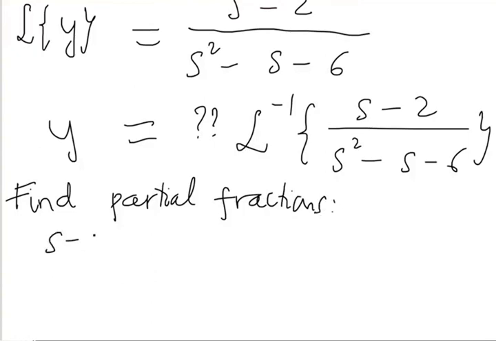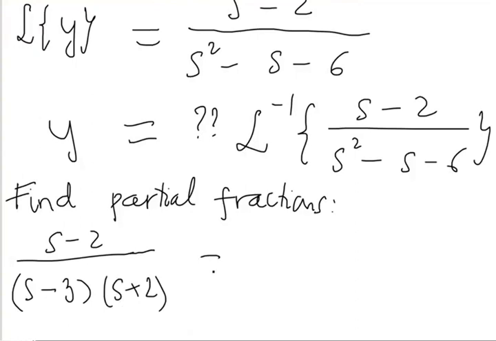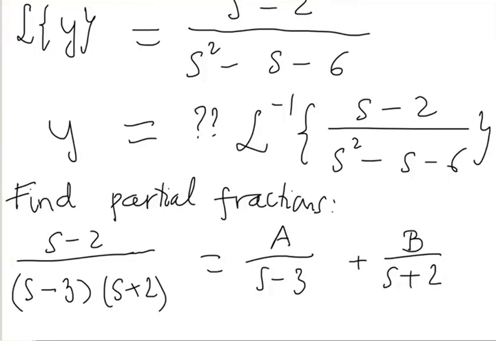We first need to factor the denominator. And as before, if we cannot factor, we have to complete the square. And for this problem, we can factor as s minus 3 times s plus 2. And so we have A over s minus 3 plus B over s plus 2.